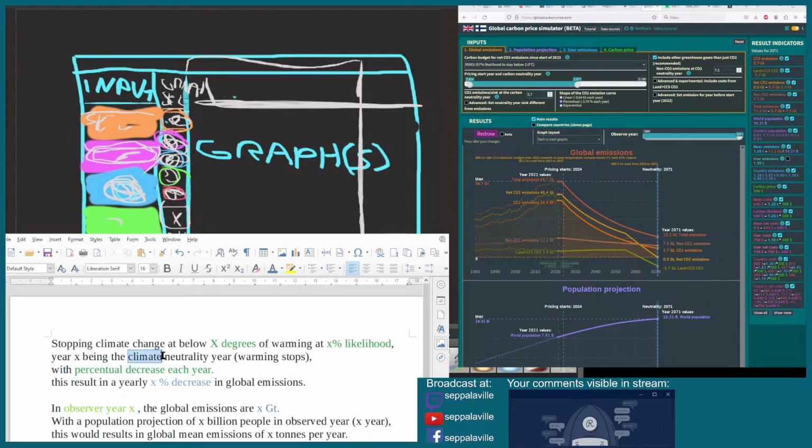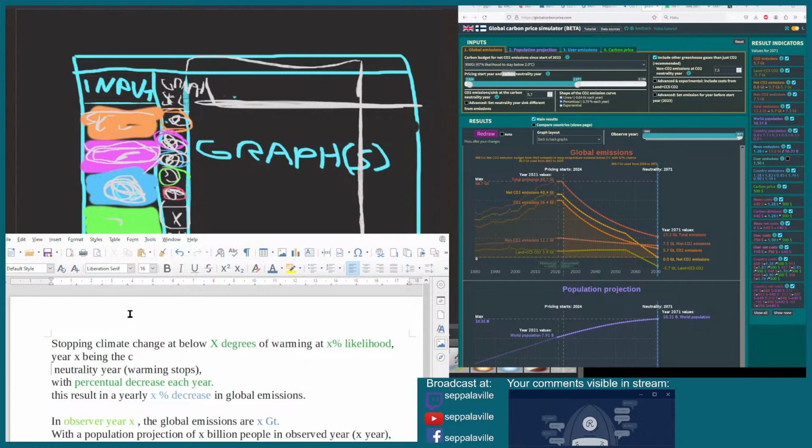Here we talk about carbon neutrality. I think all around we should change it to CO2 neutrality, because this is about CO2.